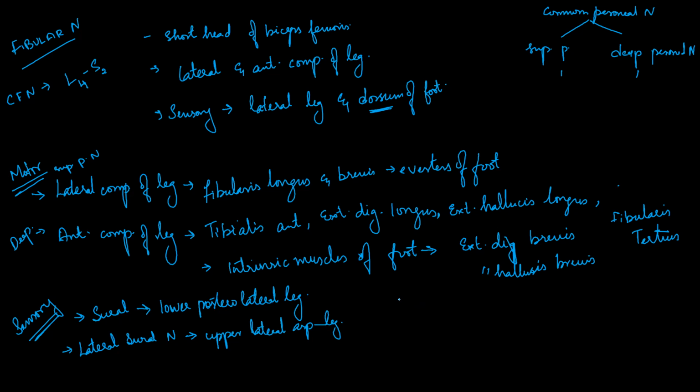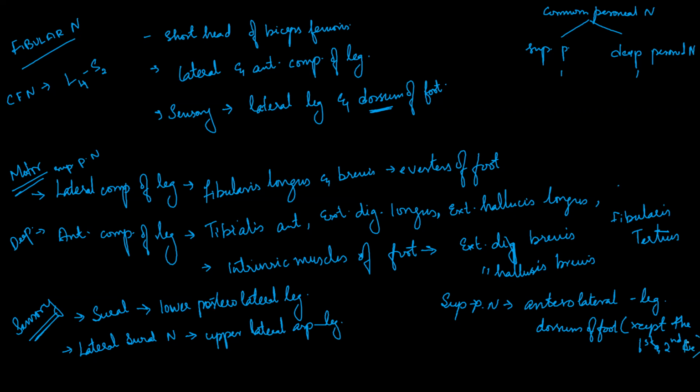Superficial peroneal nerve supplies the anterolateral aspect of the leg, and also dorsum of foot, except the skin between the first and second toe.